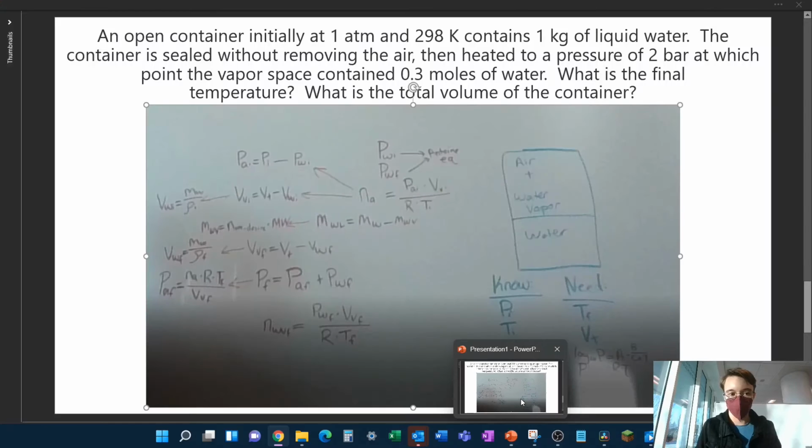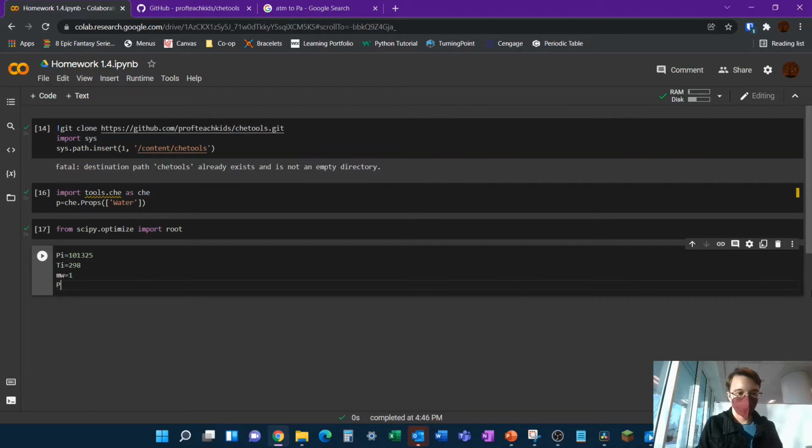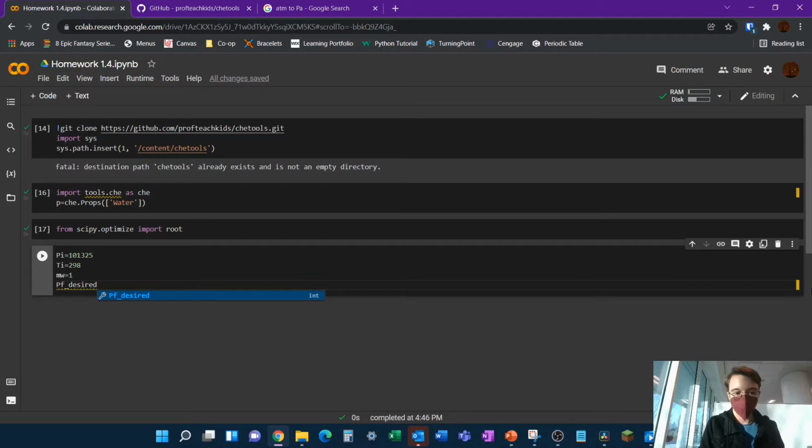Alright, so the next things we're going to need are the final pressure that's desired and the final amount of moles that's desired. So the final pressure we desire is 2 bar. So pressure final desired is equal to 2 bar.